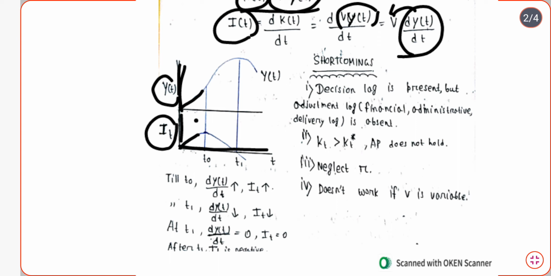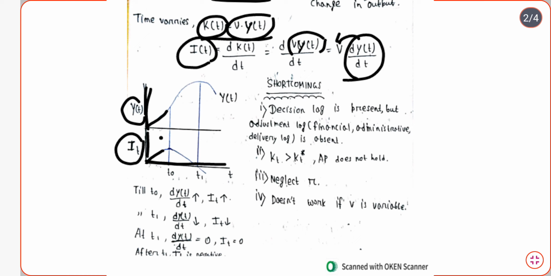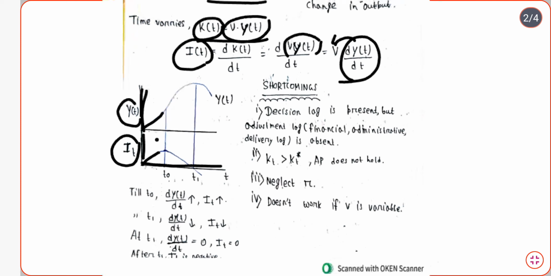Till t1, what is happening here actually? After t0, dyt by dt is actually falling, that is, this portion is basically falling. So dyt by dt is falling, and our investment it is also falling.